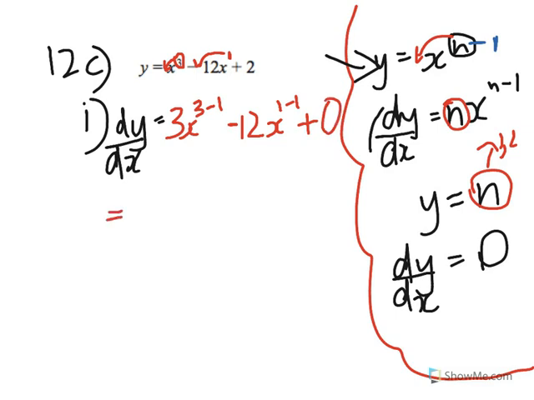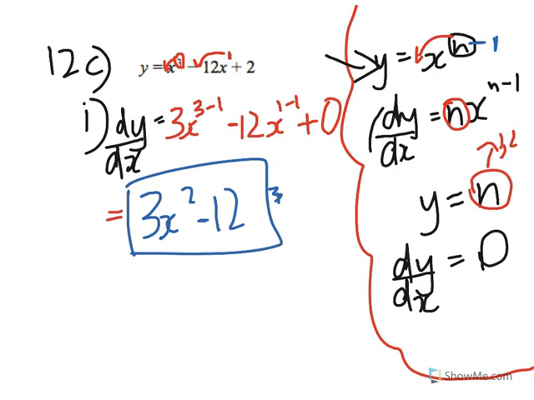So this becomes 3x squared minus 12 times x to the power of 0. Anything to the power of 0 is 1, so x to the power of 0 becomes 1, plus 0, which is nothing. So this is nothing but 3x squared minus 12.